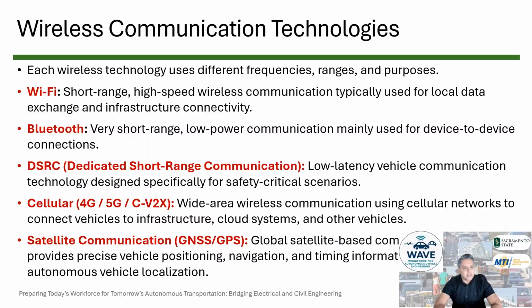Then there is DSRC, dedicated short range communication, a low latency vehicle communication designed for safety critical scenarios, which I will talk about. And we have cellular, like what you have in your cell phones, 4G, 5G, C-V2X, a wide area wireless communication that can cover a wider range to connect vehicles to infrastructure, cloud systems, and other vehicles.